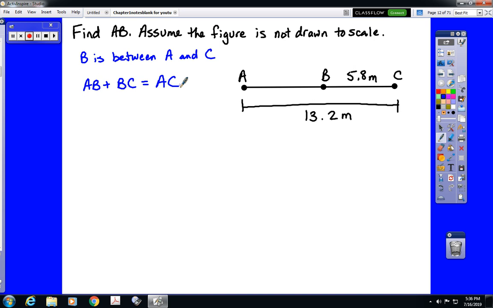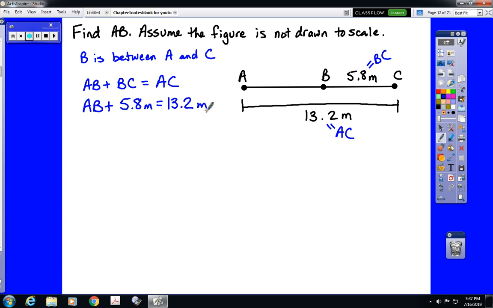Now notice that we know BC and we know AC. So we plug those two numbers in. We do not know AB. BC is 5.8 meters and AC is 13.2 meters.